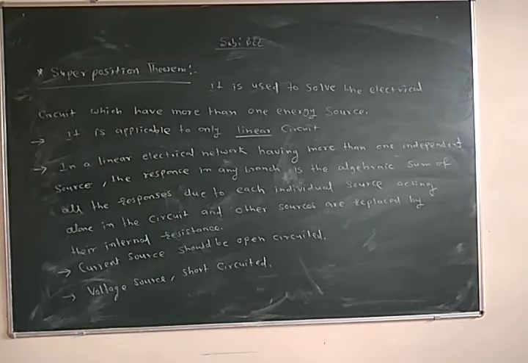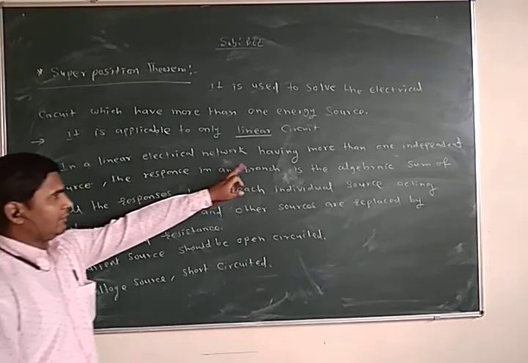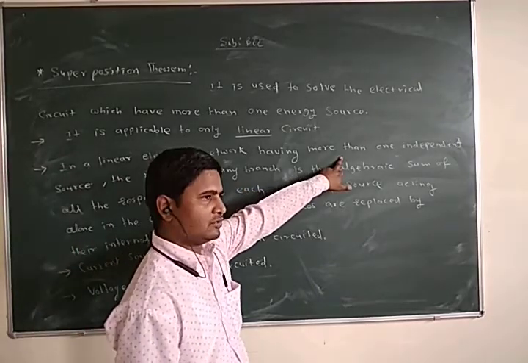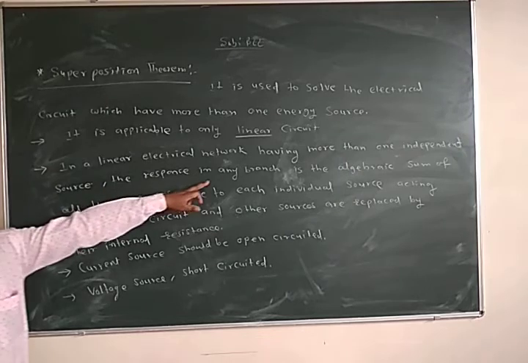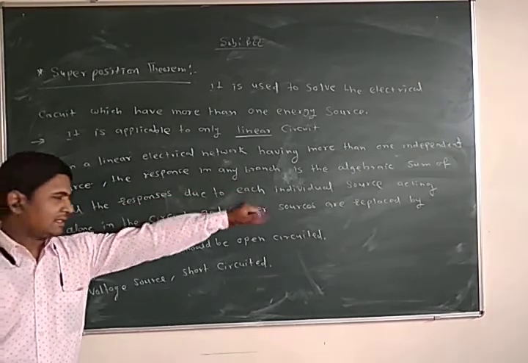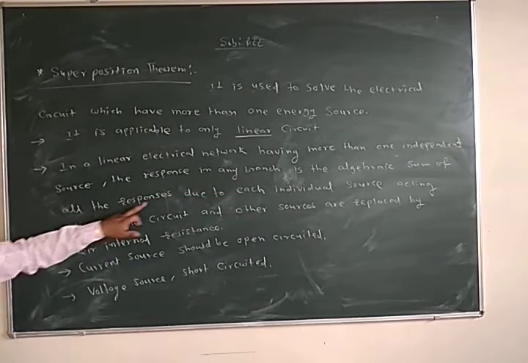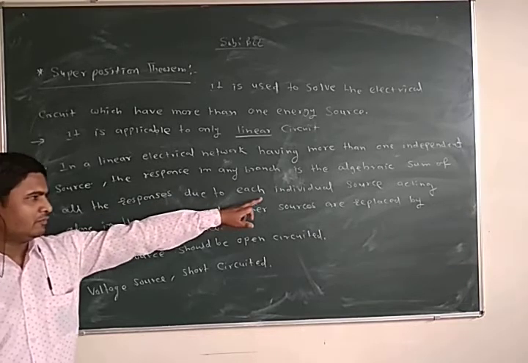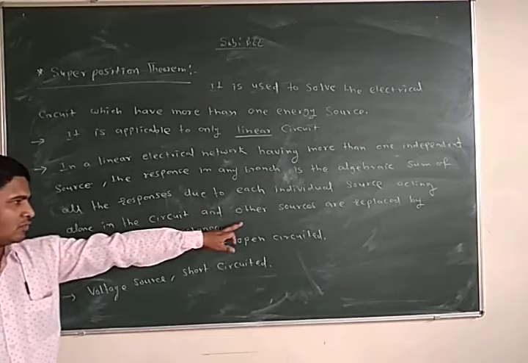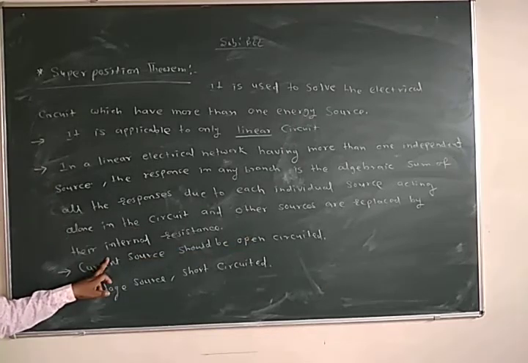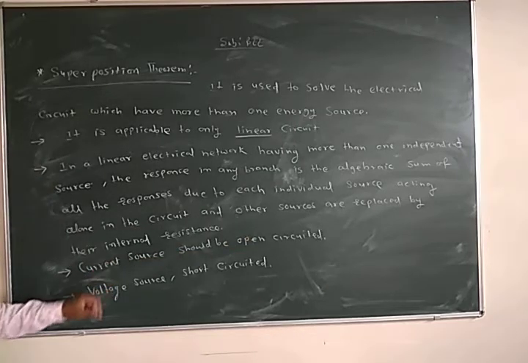In this way, in a linear electrical network having more than one independent energy source, the response in any branch is the algebraic sum of all the responses due to each individual source acting alone in the circuit, and other sources are replaced by their internal resistance.